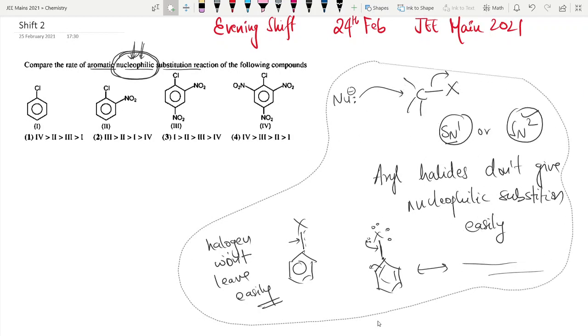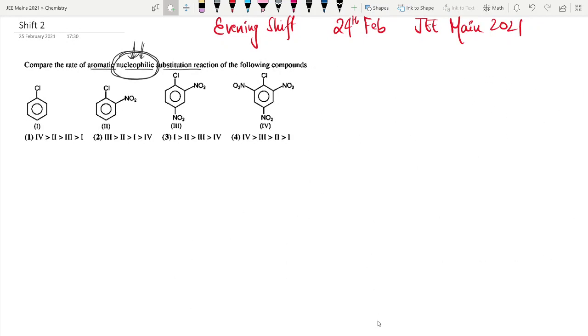But there is a very interesting mechanism through the Meisenheimer complex which can occur here. And as I see so many electron withdrawing groups, I think this question is pointing toward that.